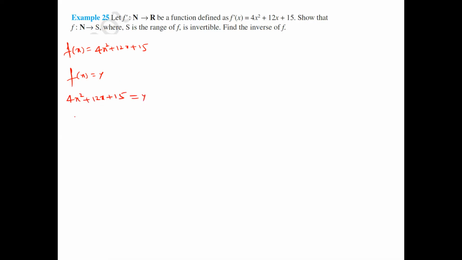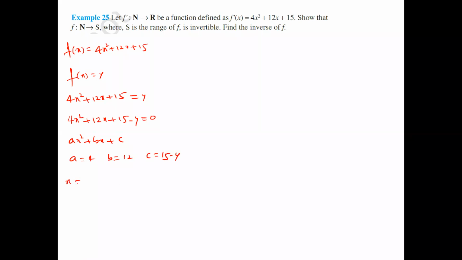Now I want the x value. 4x square plus 12x plus 15 minus y equal to 0. This is nothing but a quadratic equation, ax square plus bx plus c. What is your a value? a is 4, b is 12, and c is 15 minus y.